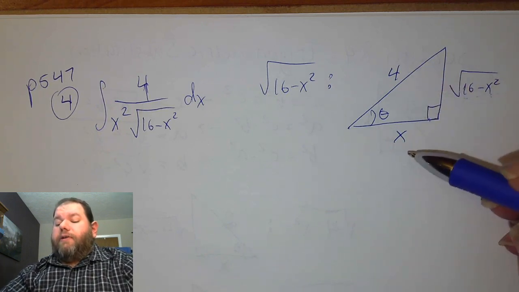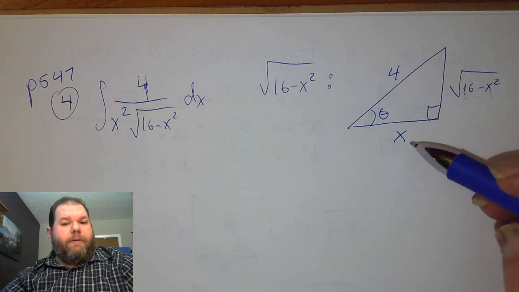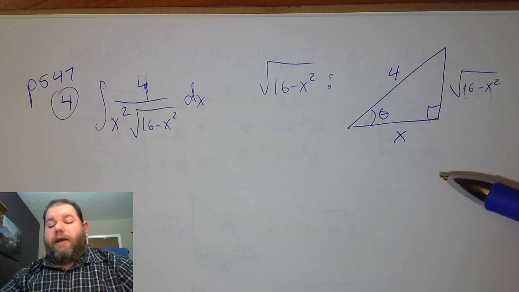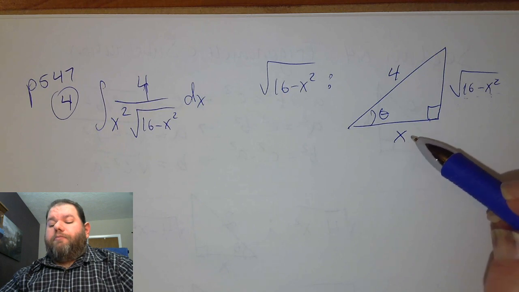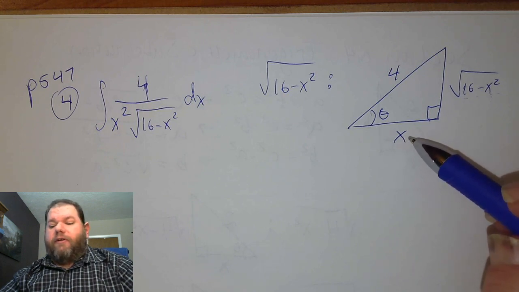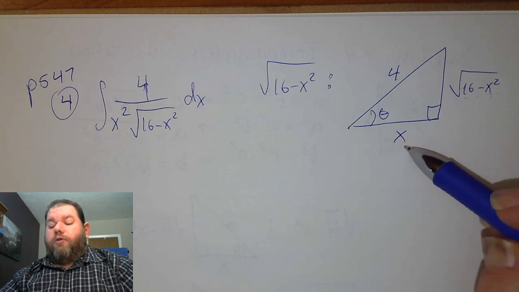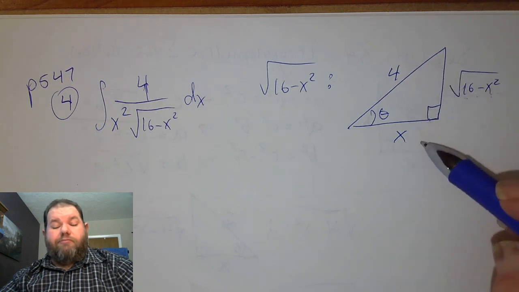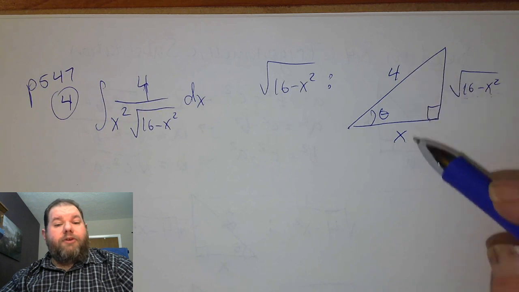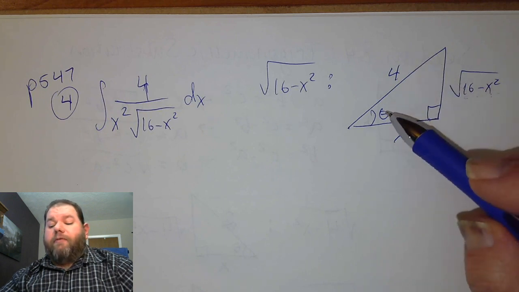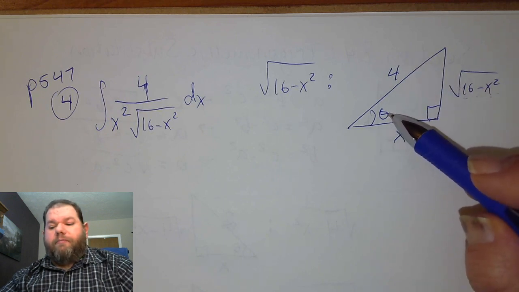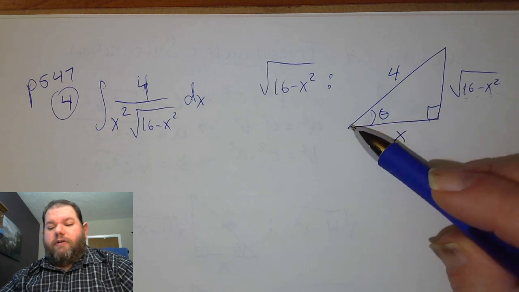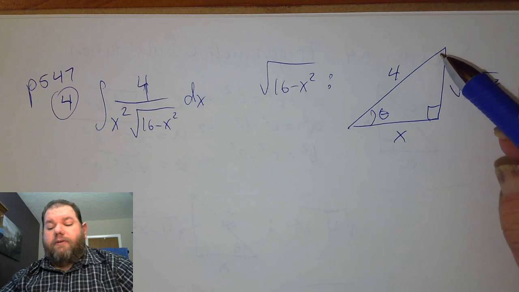I want to solve for x, basically. I want to get a trig function that represents x. Now, working with this side x, you could work with x and the square root, or you can work with x and 4. And I think, generally speaking, x and 4 is going to be much nicer. So relative to theta, x is adjacent, 4 is the hypotenuse.